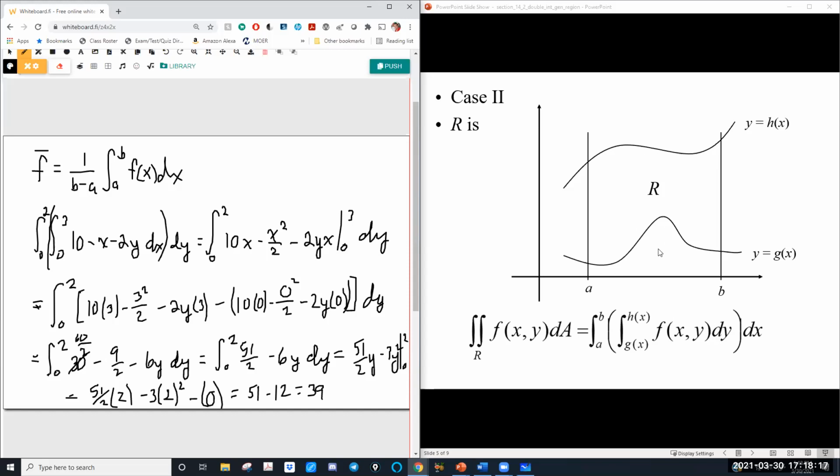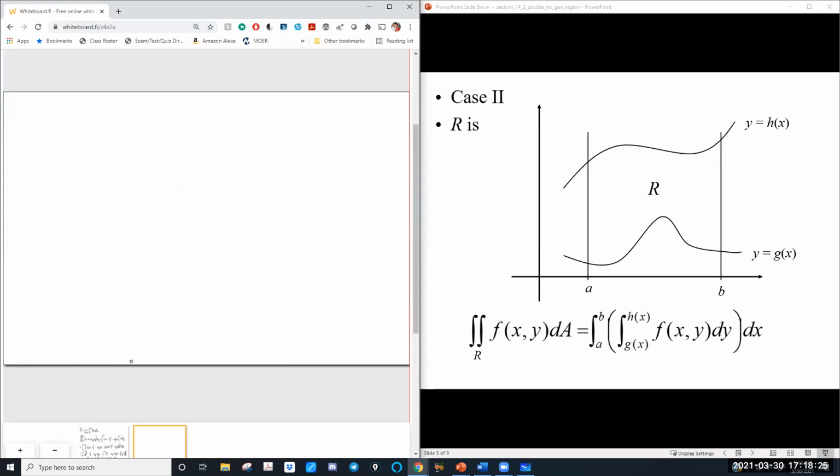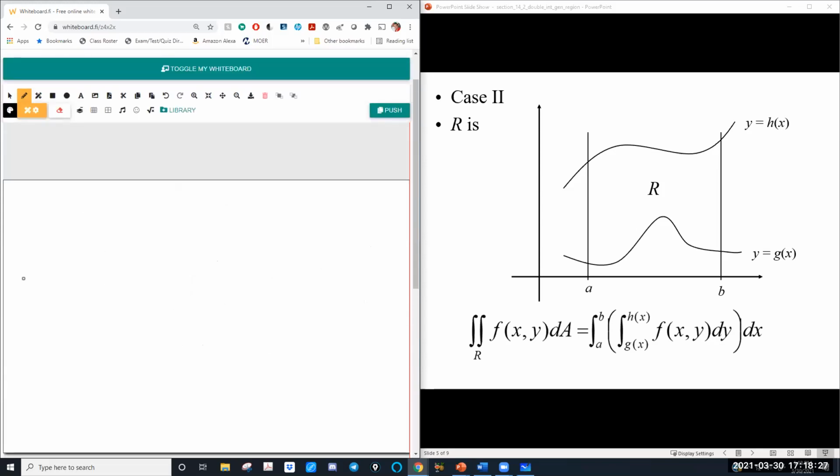Now, remember I said this is kind of like doing area between curves. So here's where I make that analogy a little bit more clear. Remember I said earlier in 14.1 that if our integrand is just 1, all we're really doing is calculating the area. So if this is a to b, g of x to h of x of just 1, dy dx, let's look at what's going to happen.